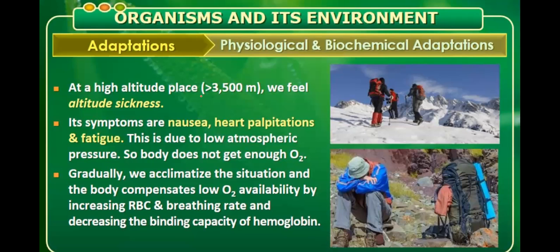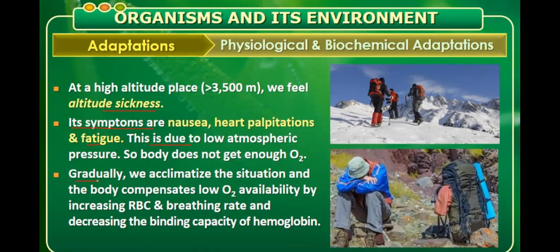At high altitude, meaning more than 3,500 meters, we feel altitude sickness. What are the symptoms of altitude sickness? Its symptoms are nausea, heart palpitations, and fatigue. This is due to low atmospheric pressure, so the body does not get enough oxygen. If you are moving to any hilly mountainous area, you will feel this altitude sickness.